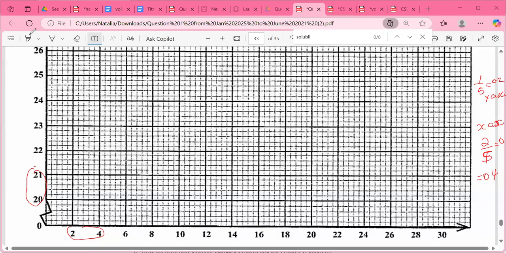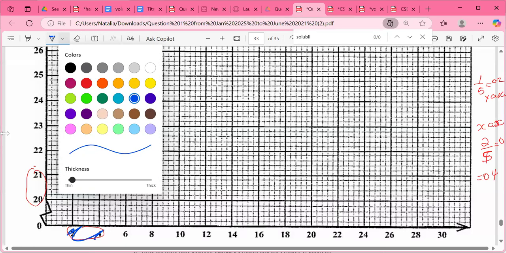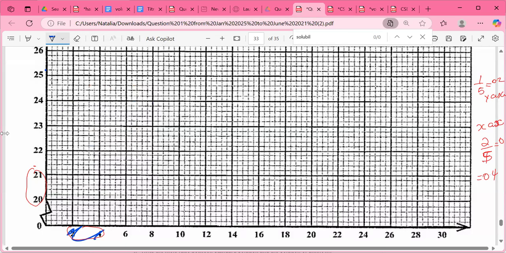So read for me, please, the first one. First volume. Miss, the first value was 0 to 25.0.